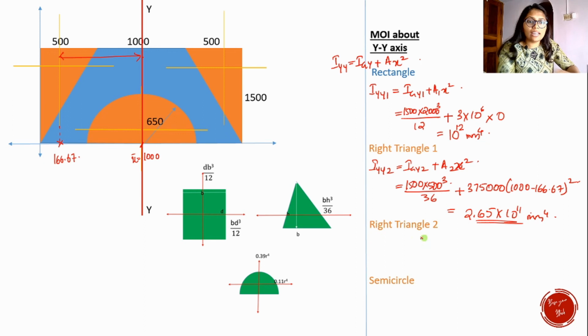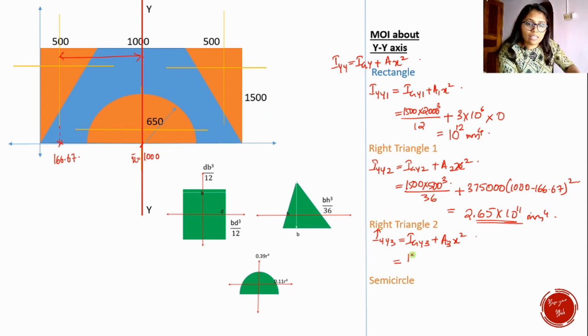For the right triangle 3, again IYY3 is equal to IGY3 plus A3 x square, isn't it? And IGY3 means the moment of inertia of the right triangle about the centroidal y-axis, which is again BH cube divided by 36, but here B is the dimension parallel to the taken axis. In this case, the taken axis is this vertical one, and the dimension parallel to it is 1500.